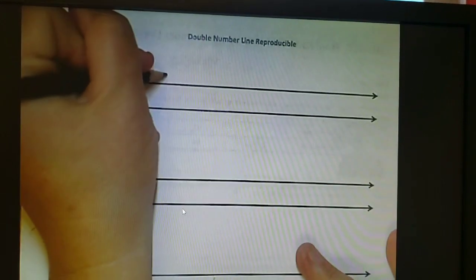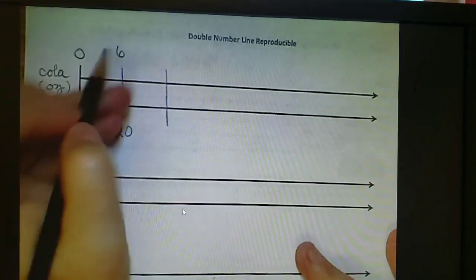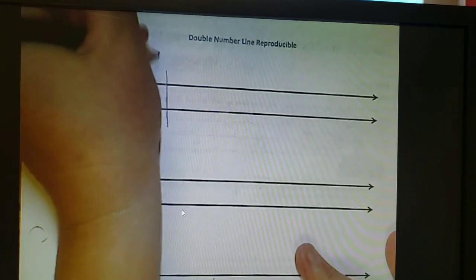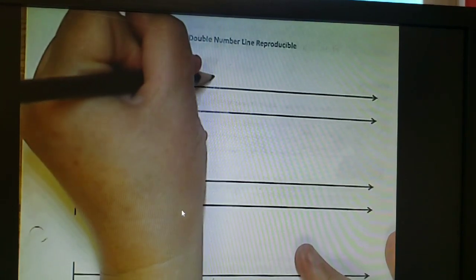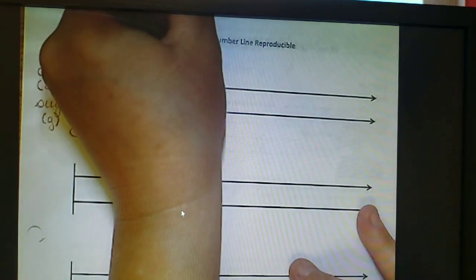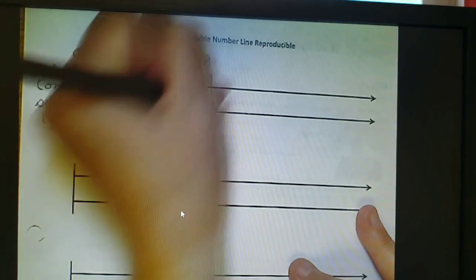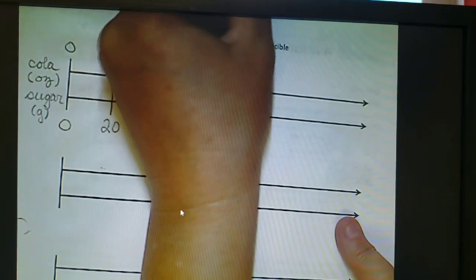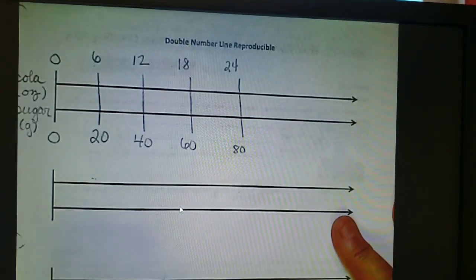Okay, our next line, we are going to increase proportionally. So this is going to increase by 6. So this is going to go to 12. This is going to go to 40. And then increase again. And we're going to go to 18 and 60. And I'm going to continue to proportionally increase these.